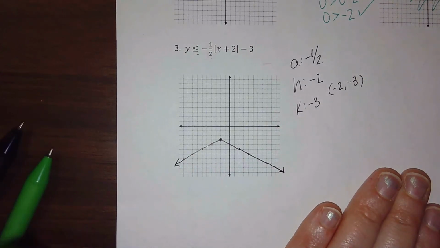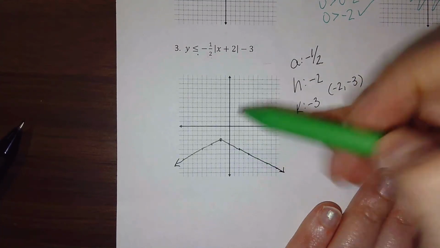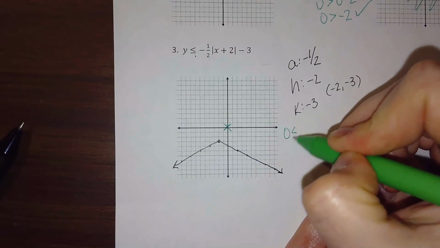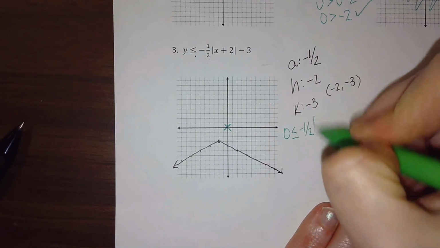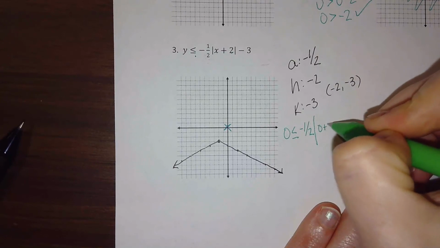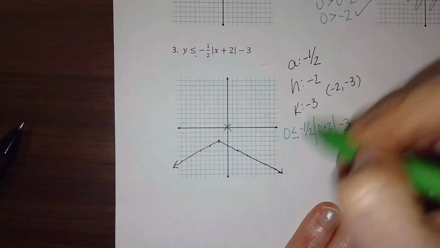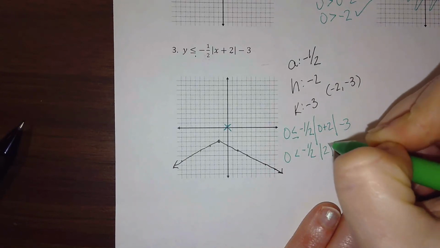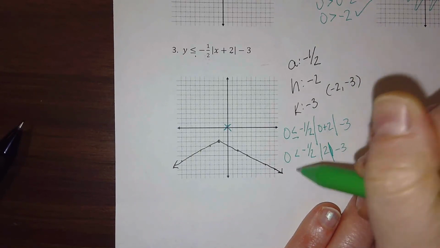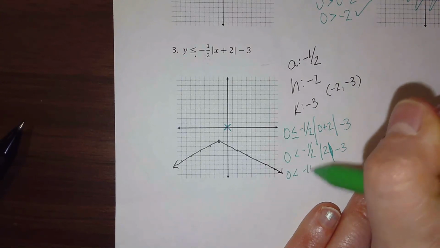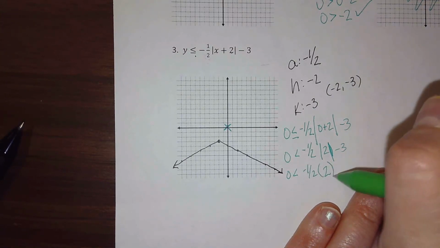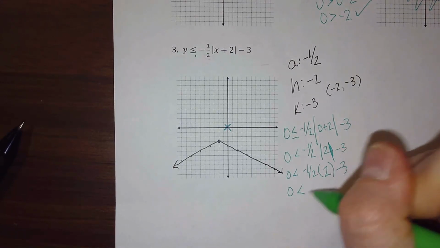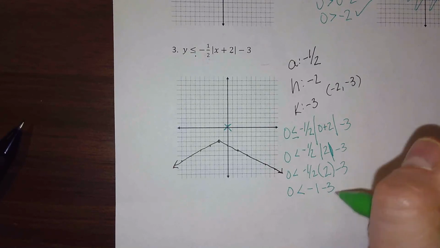And then I can understand I want all the y's less than this point, but I am still going to test in case I graphed wrong. 0 is less than or equal to negative 1/2 times the absolute value of 0 plus 2, minus 3. 0 is less than or equal to negative 1/2 times the absolute value of 2, minus 3. 0 is less than negative 1/2 times 2, minus 3. 0 is less than negative 1 minus 3.